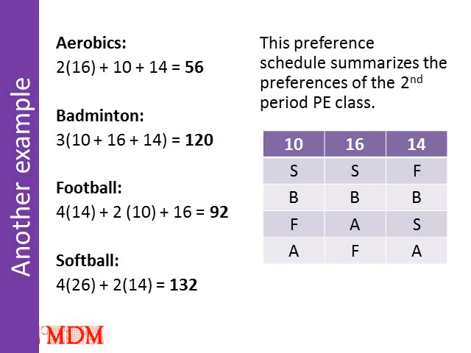So if we're going to rank these in order, we do softball, followed by badminton, followed by football, followed by aerobics. But the question really is just asking us in this instance, what are we going to do next? In second block, we're going to take up softball.